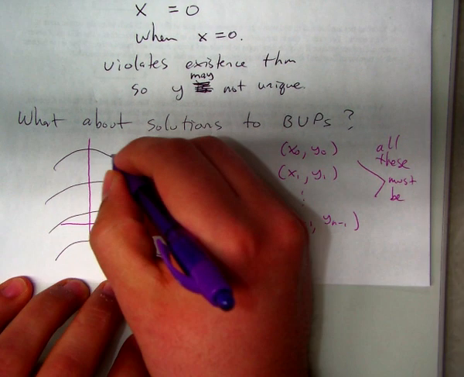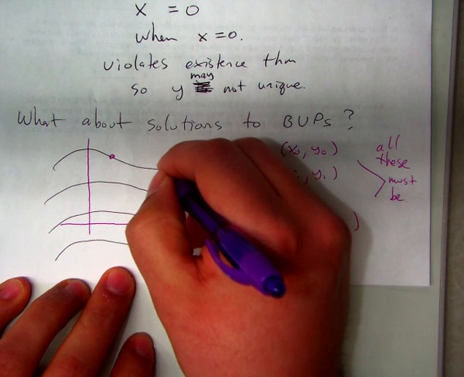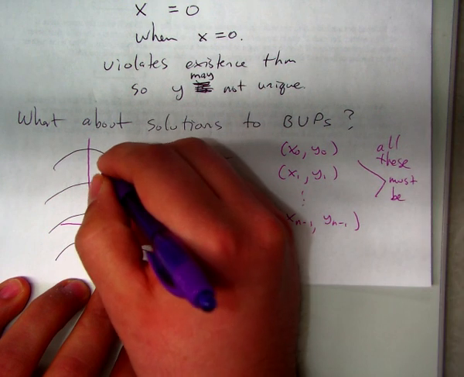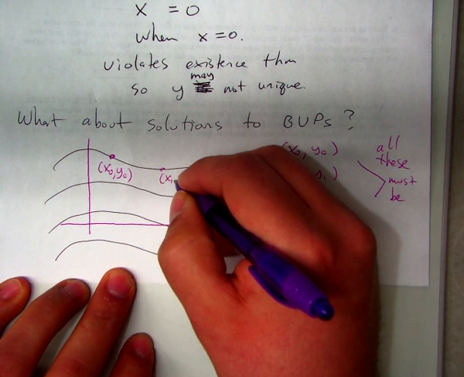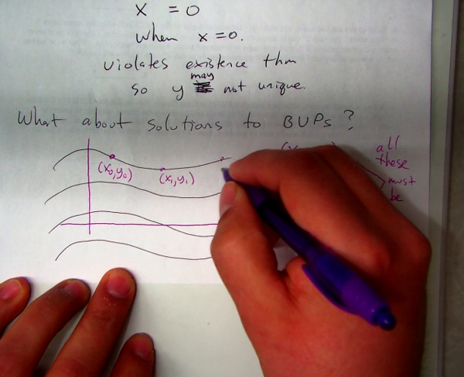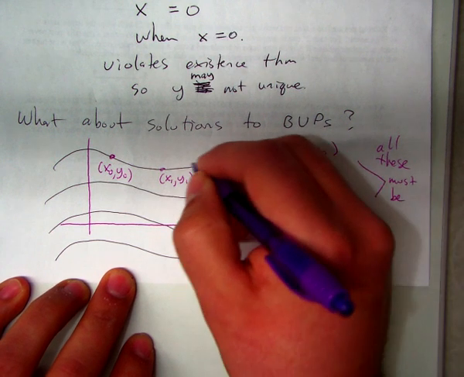Okay, so maybe this is the solution, and the reason it is because we know that it hits x naught, y naught, x1, y1, and so on.